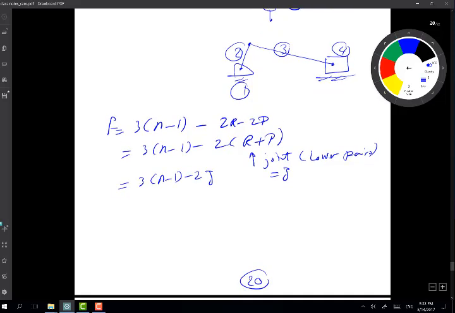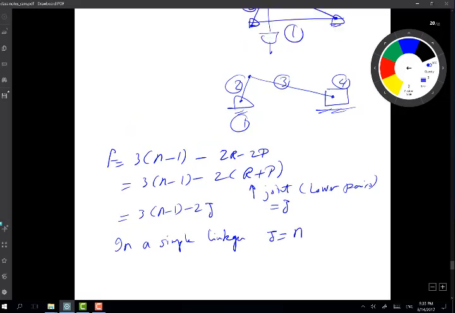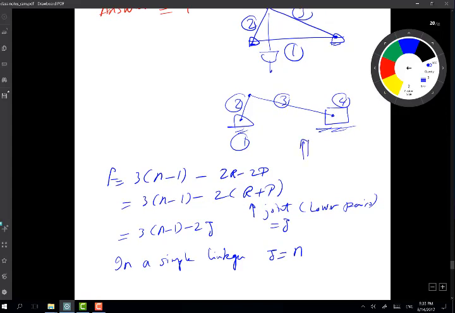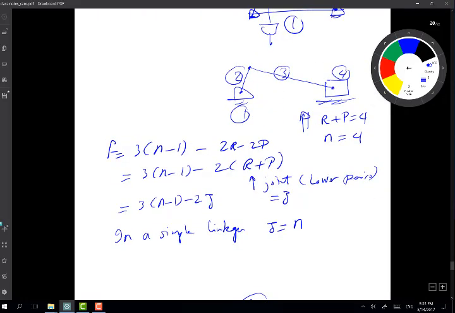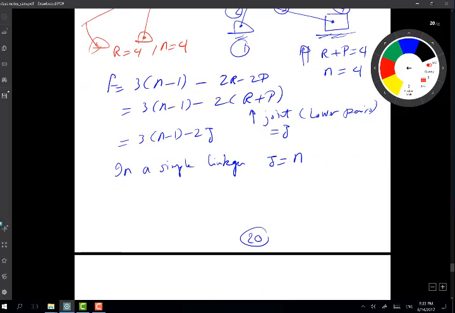In a simple linkage, j is equal to n. For example, in this case here, r + p is equal to 4, n is equal to 4. Another case here, a four-bar chain, r is equal to 4, n is equal to 4. That's why I said j is equal to n.